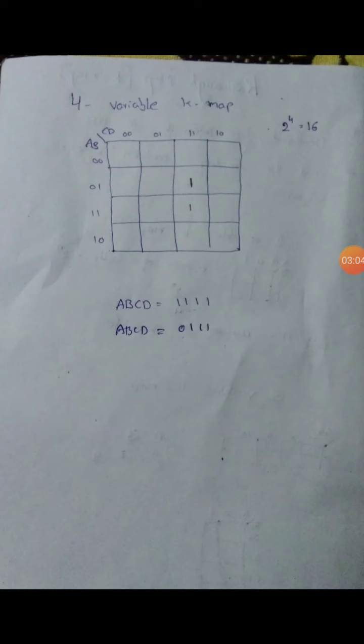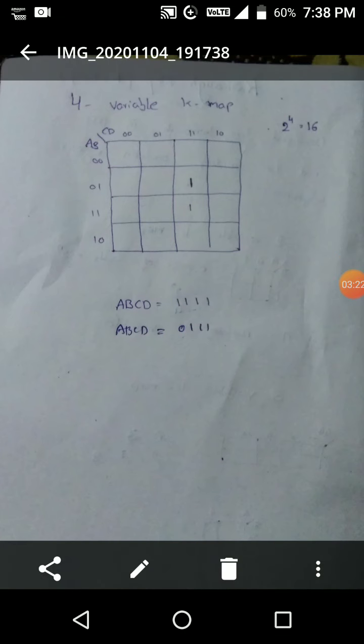We identify the particular ABCD using the four variable K map. Checking the row side, after 0 0 and after 0 1 we have 1 1. On the column side also we check the combinations: after 0 0 comes 0 1, and after 0 1 comes 1 1.